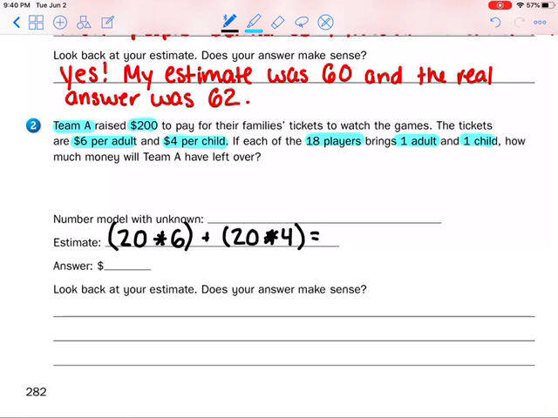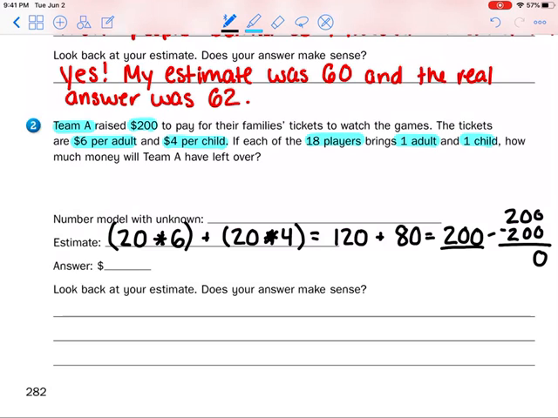So you would get 120, because 20 times 6 is 120, plus 20 times 4, which is 80, and you get 200. Now, if they raise $200 to pay for their family's tickets, and they need $200, I would do 200, which is the money they need, minus the $200 they raised, and you're left with 0. So according to my estimate, the team raised enough money for nobody to have to pay for their tickets.